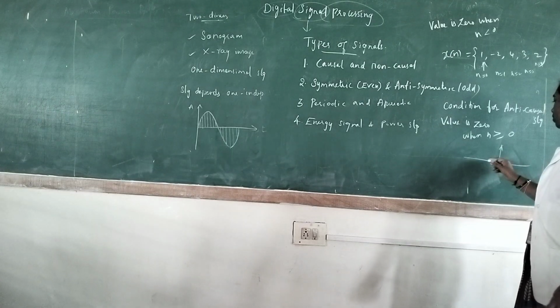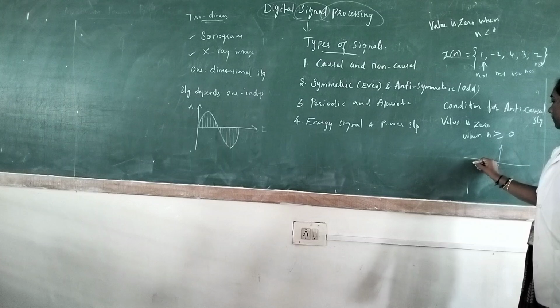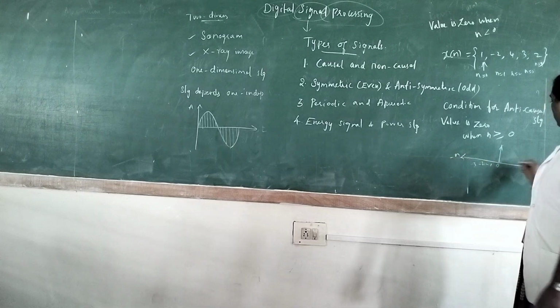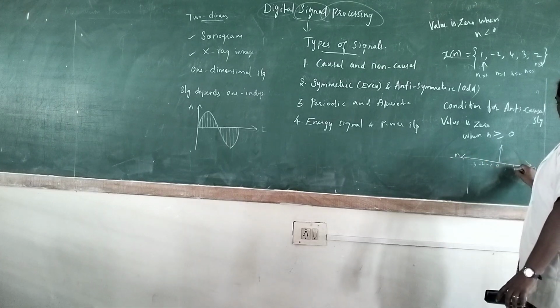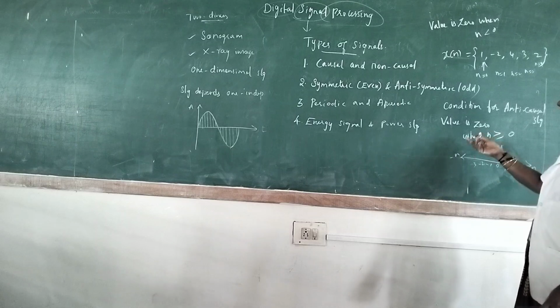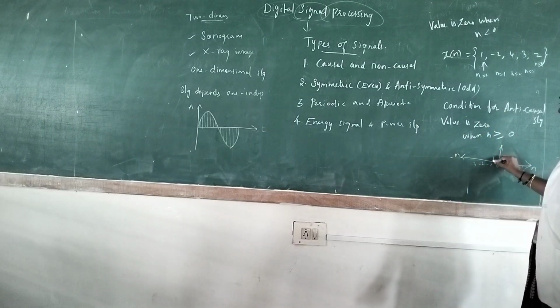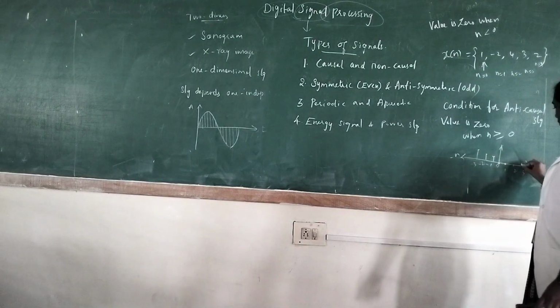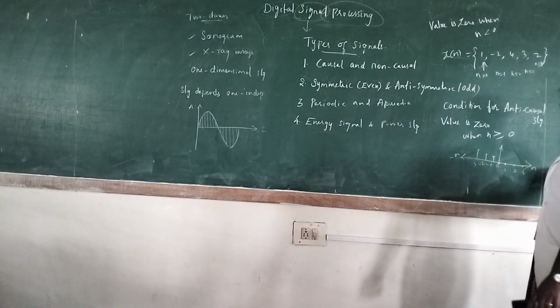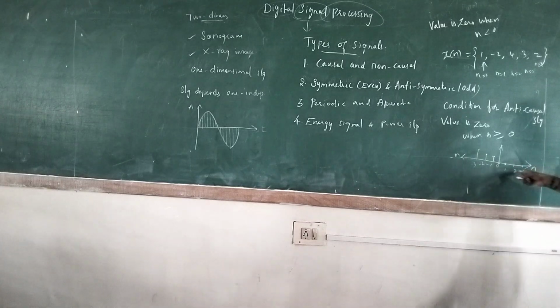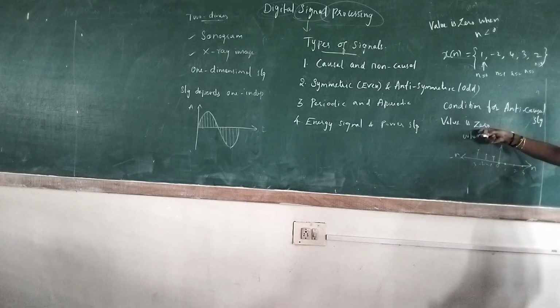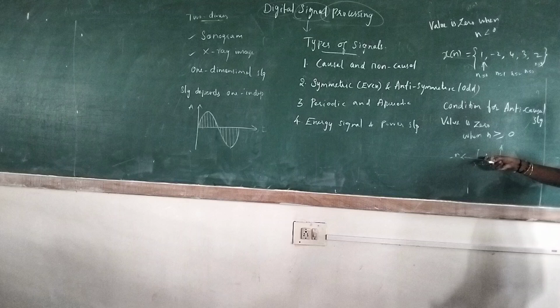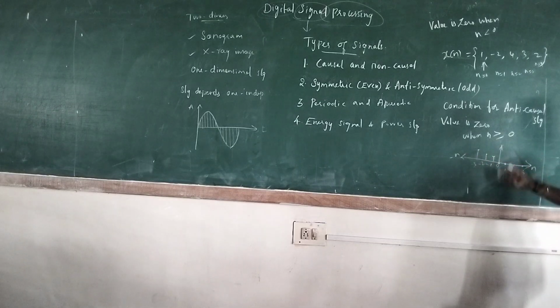So consider this is your origin. So here is an example for anticausal signal. So here you will be getting some value from n equal to 0, and on this side the value is still 0. Hence the condition is satisfied. Hence the signal is called an anticausal signal.